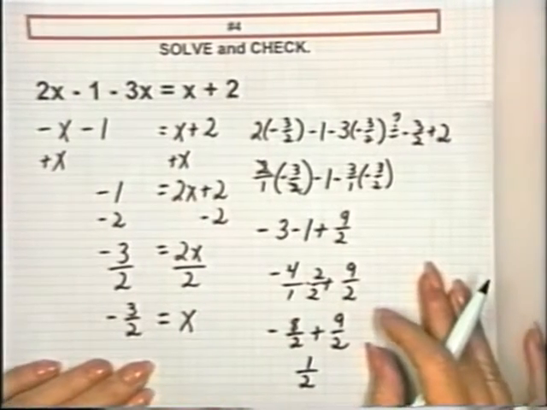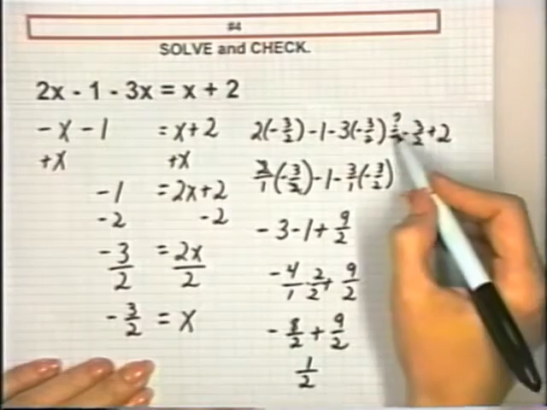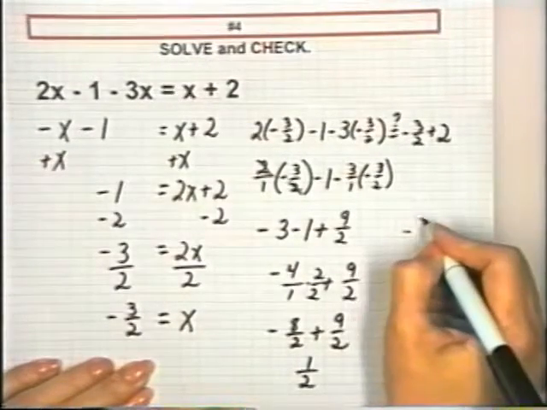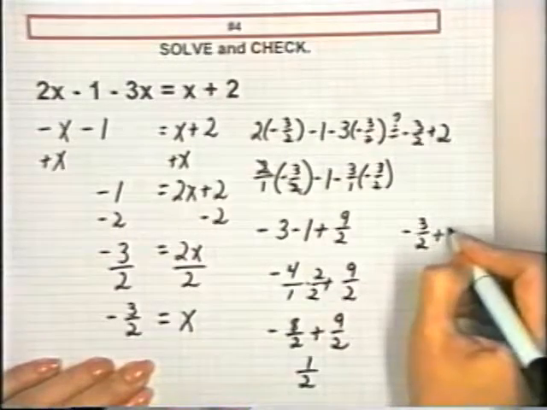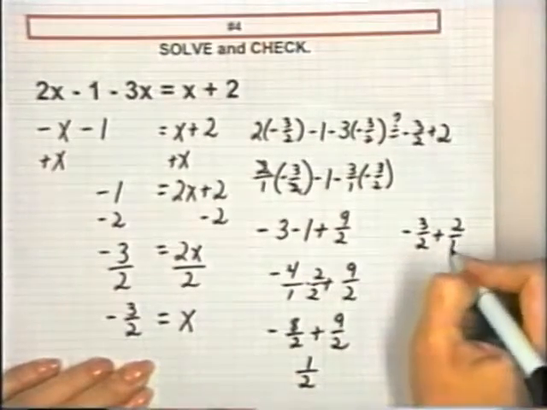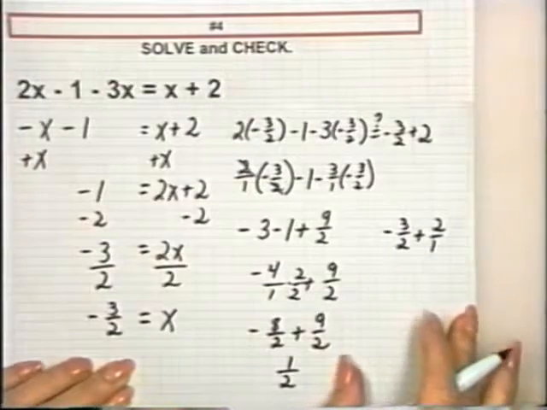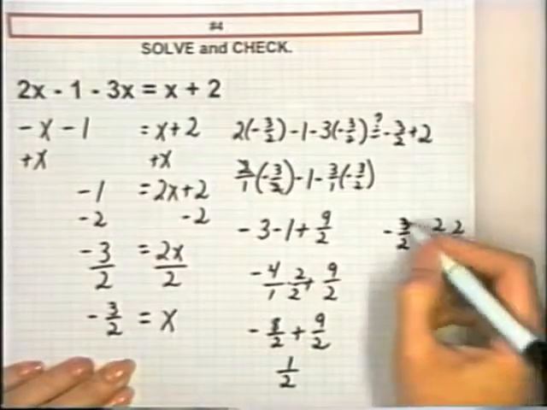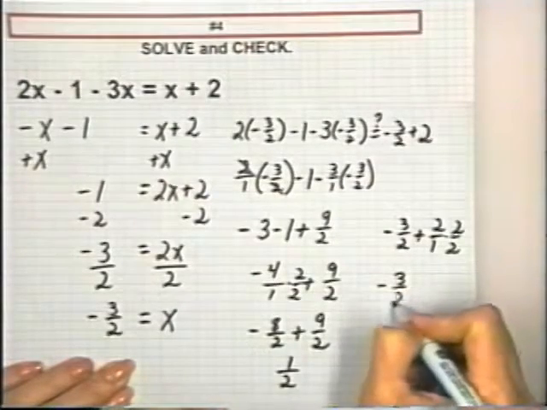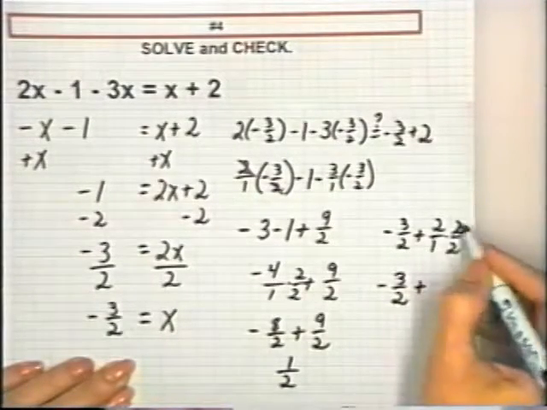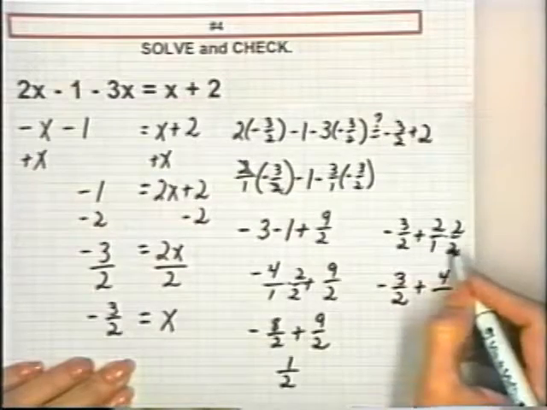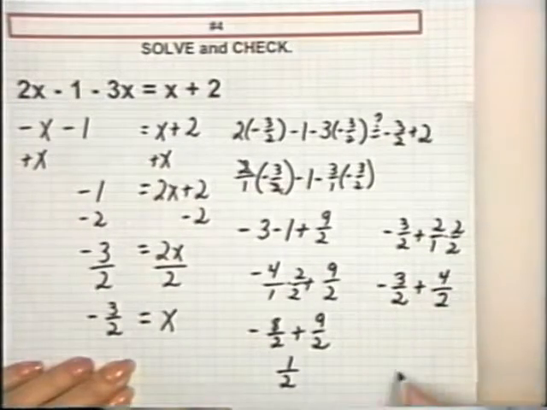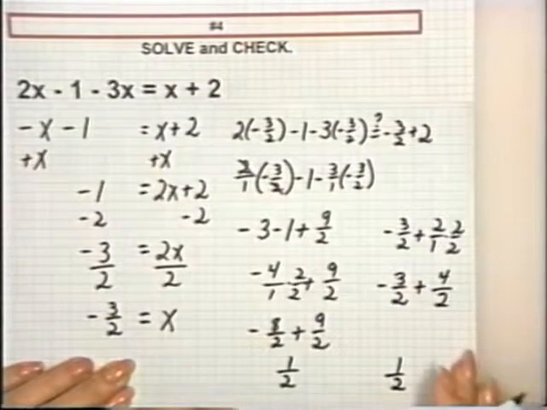Let's see if I get positive 1/2 on the right side. On the right side, I have the -3/2 plus 2. Let's write the 2 as 2 over 1. The LCD is 2. I will multiply the 2 over 1 by 2 over 2. So I will have -3/2 plus 2 times 2 is 4. 1 times 2 is 2. -3/2 plus 4/2 gives me 1/2.